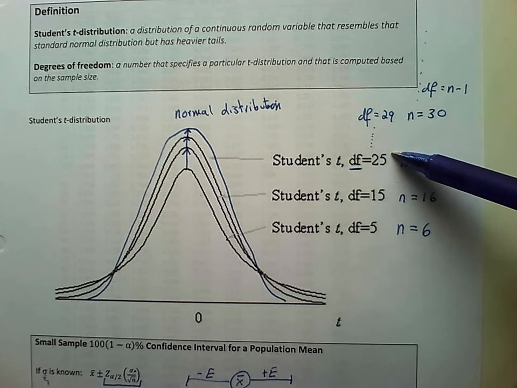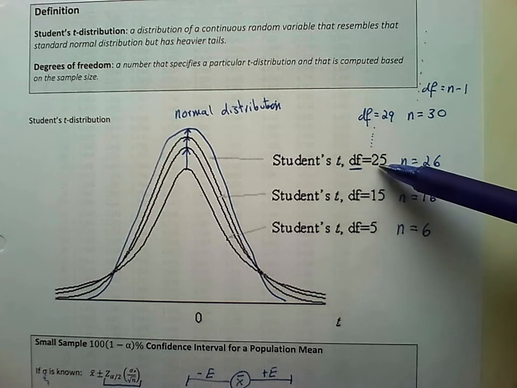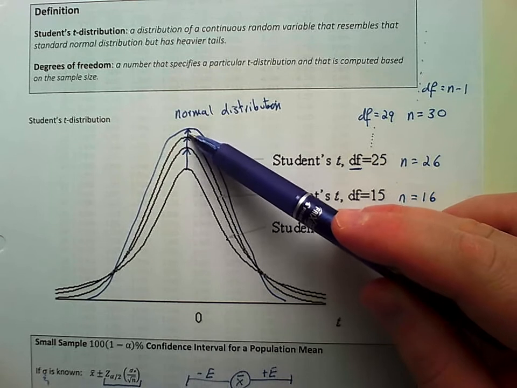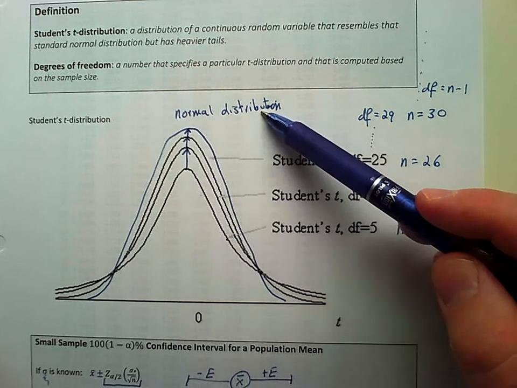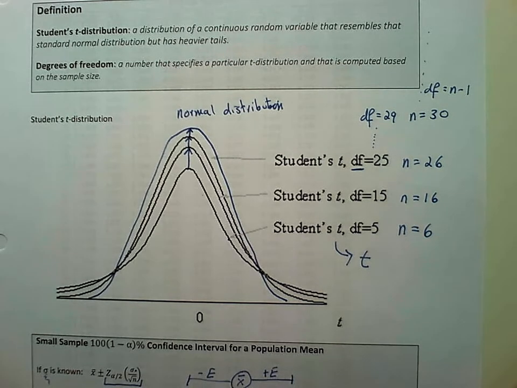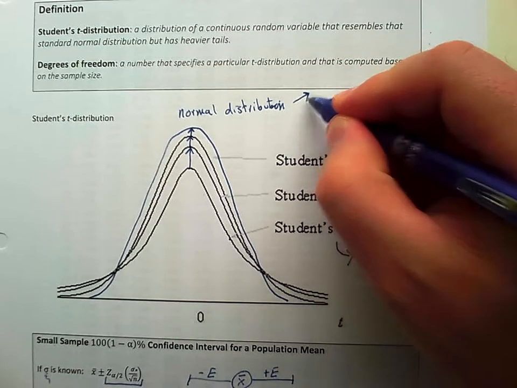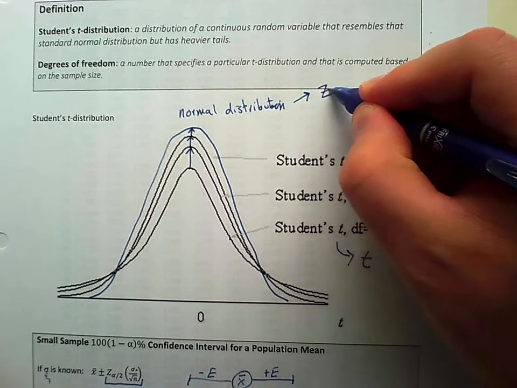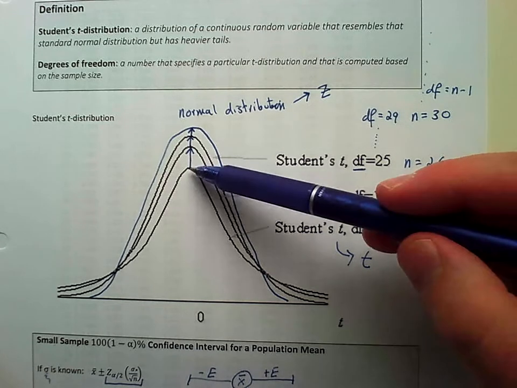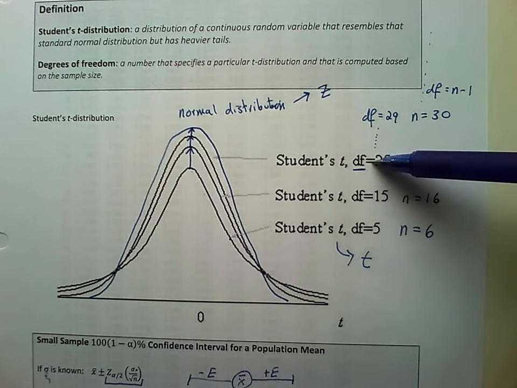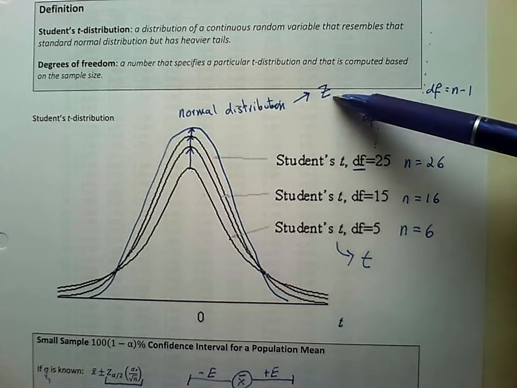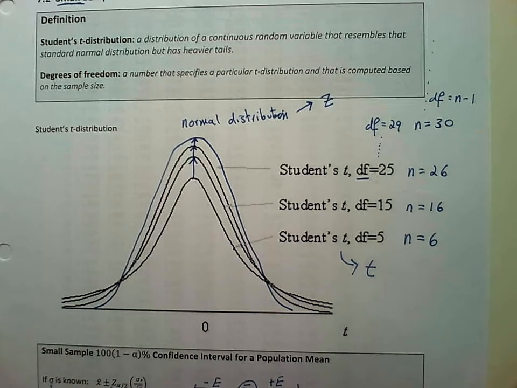But as I said, as the degrees of freedom get larger and larger, these t-distributions get closer and closer to our normal distribution. Our t distributions give us our t values, and our normal distribution gives us our z values. Technically, it's our standard normal distribution. But either way, as our degrees of freedom get larger and larger, we get closer and closer to this z value that we're looking for.